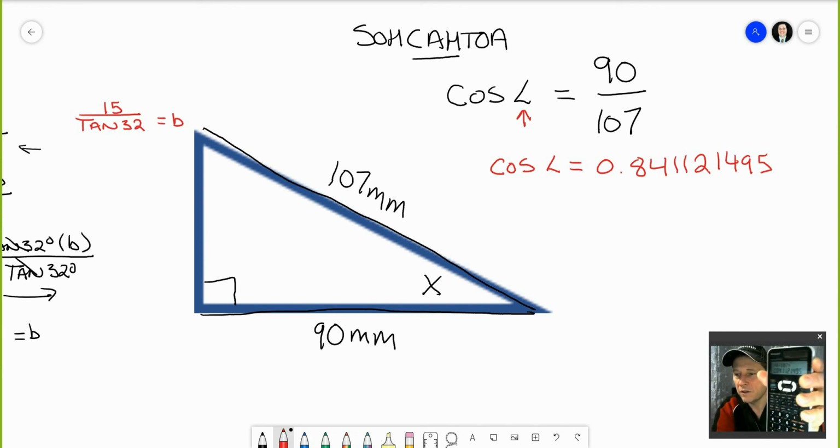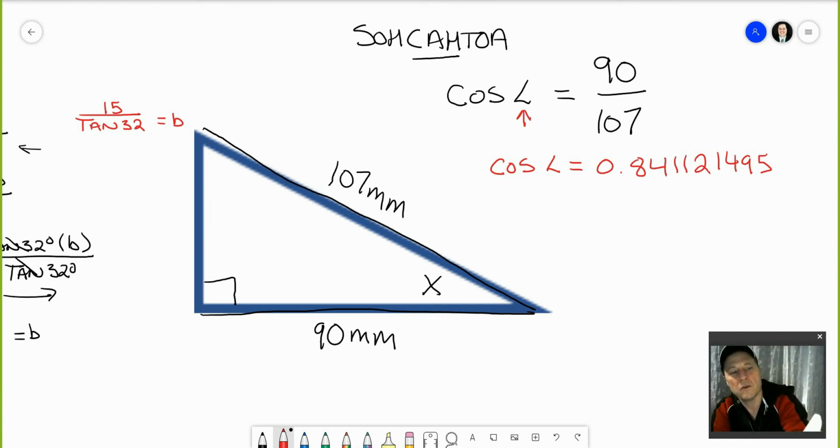So if you look at my calculator, that's the number that when I entered the ratio, 90 divided by 107, I get 0.841121495. Okay, what I want to do is I want to convert that into an angle. On your calculator, you will have a button that says second function.